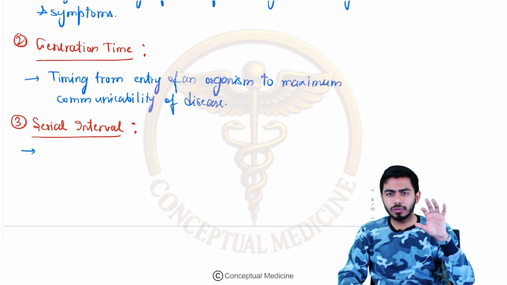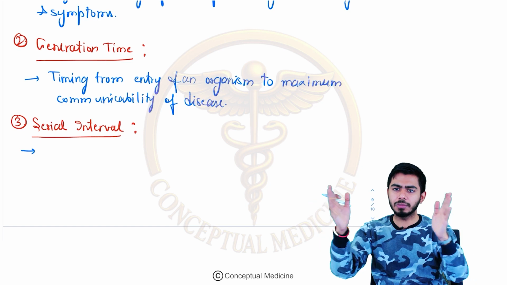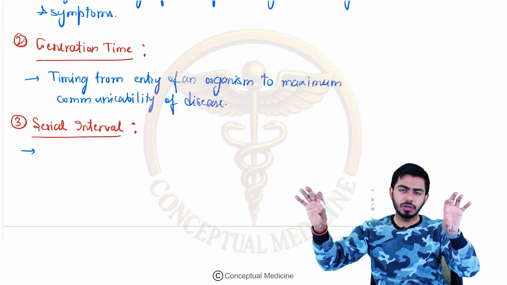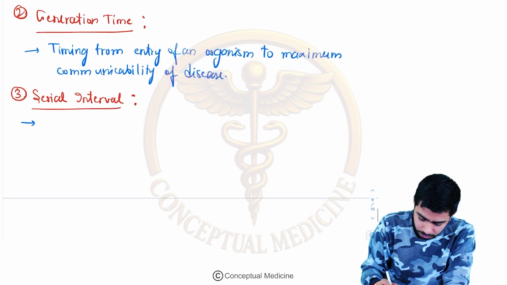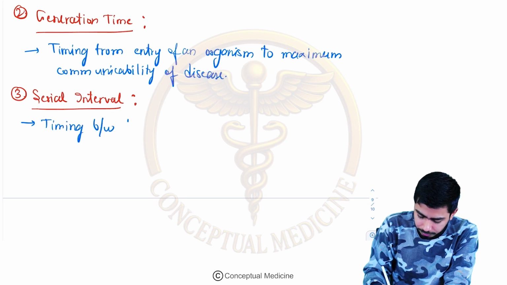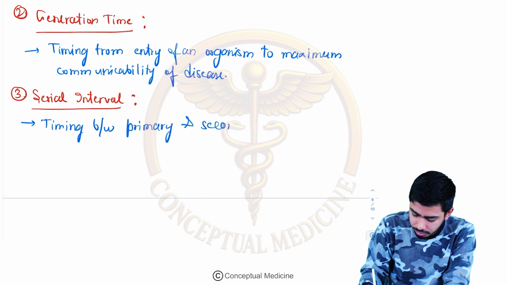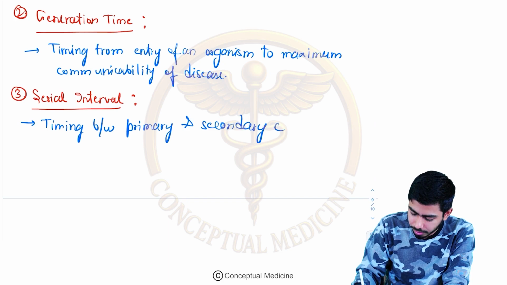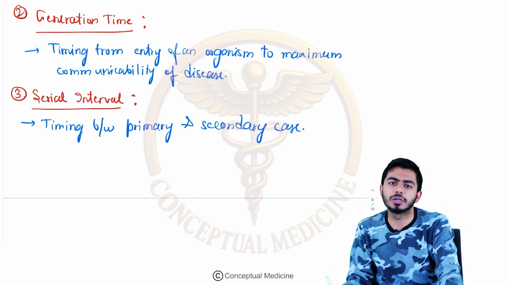So the timing between primary and secondary case will be called the serial interval.